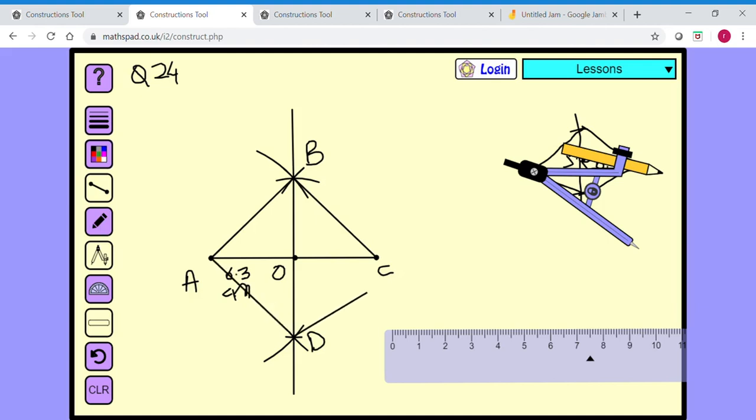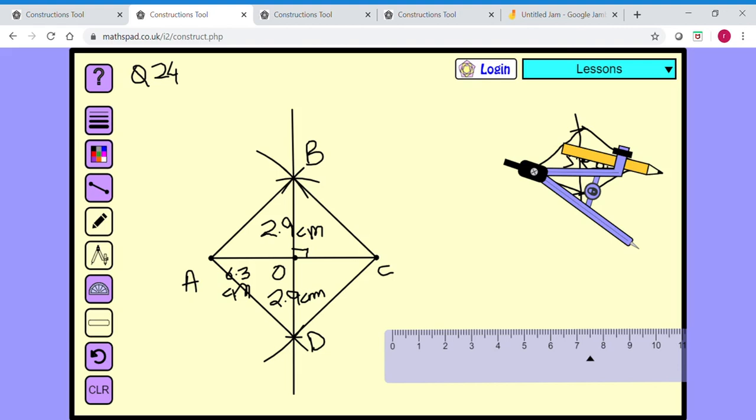Perfect. This is my diagonal. What I need to highlight is that this is at 90 degrees and I need to write this is 2.9 centimeter and this is also 2.9 centimeter. Done. Let's move on to the next question.